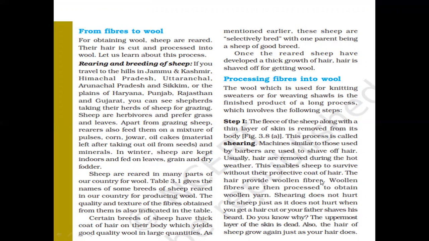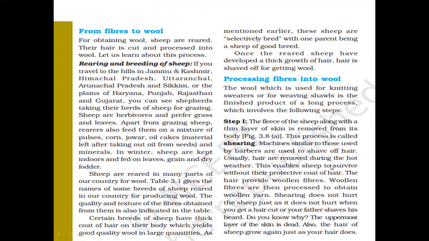Children, from the time we started this chapter, when we started learning about wool, we knew that we get it from the hair of the sheep. In order to get the wool fibers, we have to take out the thin layer of skin also along with it.